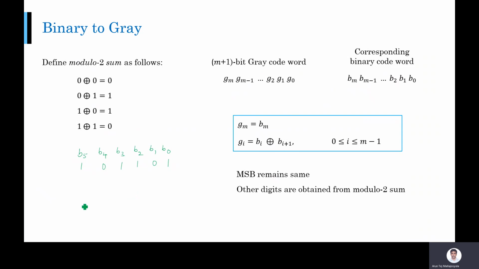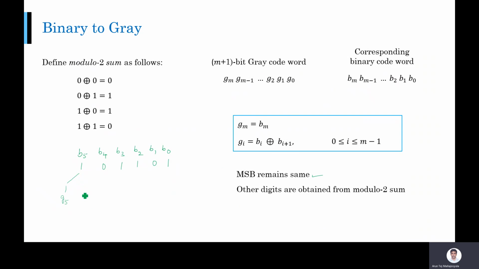This is your binary code word. You want to convert that into gray code. So what are your gray code numbers? The MSB is going to remain the same, right? So therefore, let us write this. This is your MSB. So the MSB is going to remain the same for gray code. This is your G5.